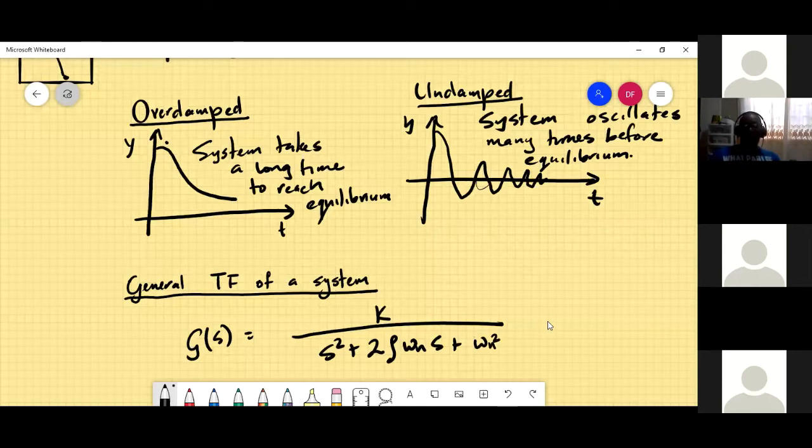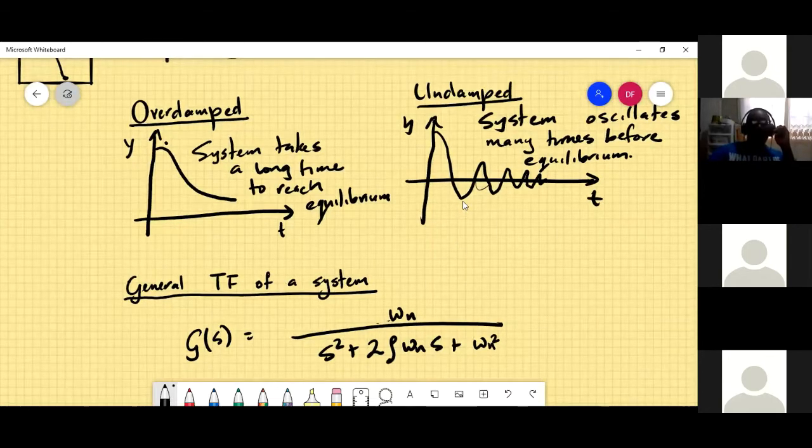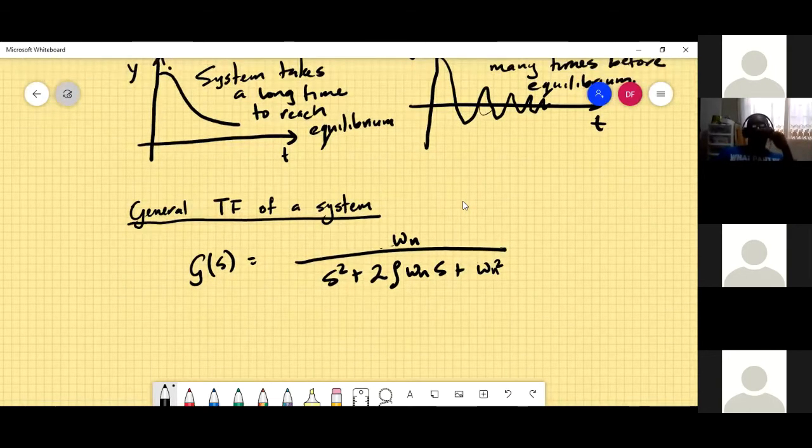I'm going to take out this k because I don't want it to be confused with the k in the problem. So the general transfer function of this system is given by the second order system. And you will see why we are going to be spending our time talking about second order and first order systems in general.